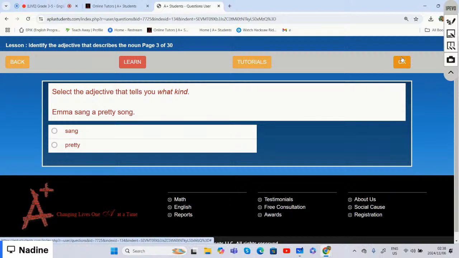All right. The next one says Emma sang a pretty song. What kind of song did Emma sing? Was it sang, option one, or pretty, option two?